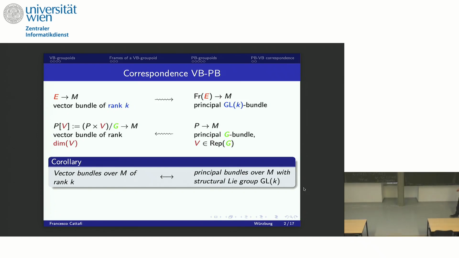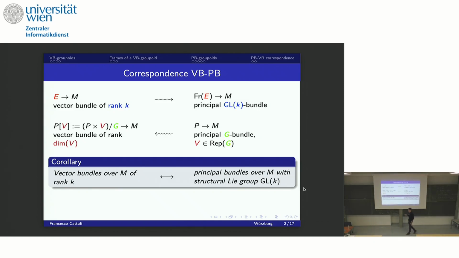Or something else that I'm quite interested in, that for me was one of the motivations to start, is that one can look at various kinds of geometric structures which are defined along the fibers of vector bundles, in particular when the vector bundle is just TM, the tangent bundle of a manifold. Think of something like a Riemannian metric. And then on the other side, one can try to encode this geometric structure as a reduction of the structure group of the principal bundle.